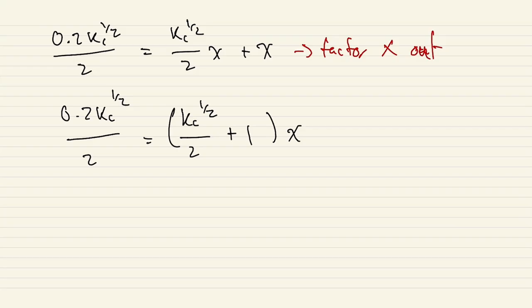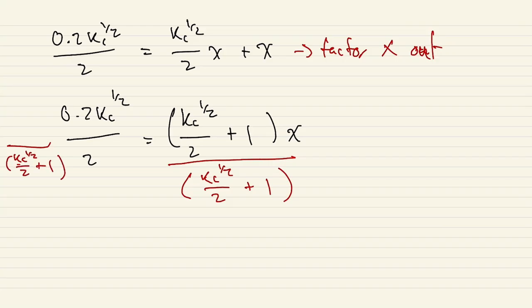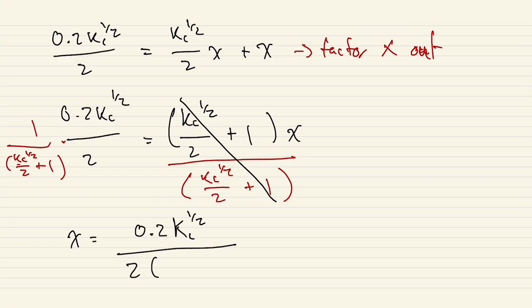Yep, we can divide by this big expression to both sides. 2 plus 1 cancels out on the right hand side of this equation, and all we're left with is Kc, or x, is equal to 0.2 Kc to the 1/2 over 2 times Kc to the 1/2 over 2 plus 1.